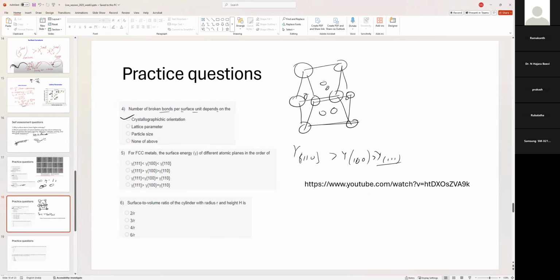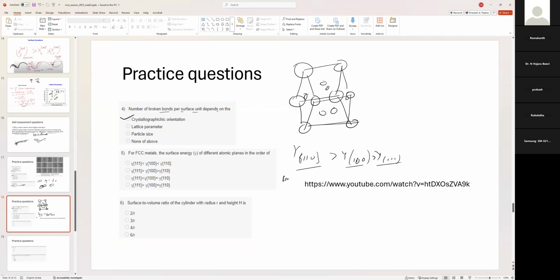So 111 is the densest packed plane. Next is 110, and 100 is your least densely packed plane.